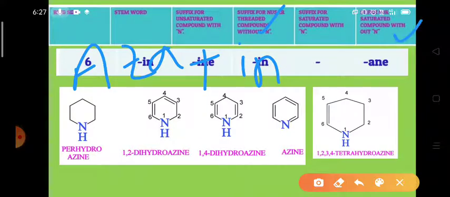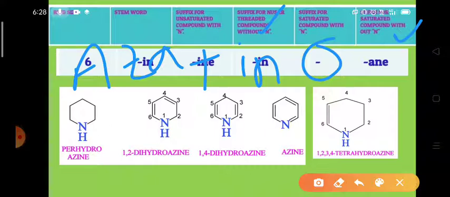Okay, for the unsaturated one. For the saturated one there is no special word. Saturated compounds here are considered as the reduced form of the unsaturated compound, so there is no special suffix for the saturated heterocyclic compounds of nitrogen atom.